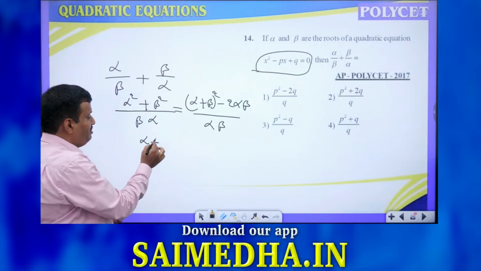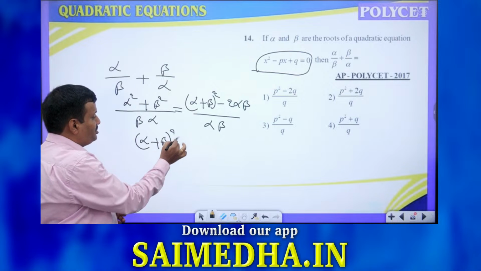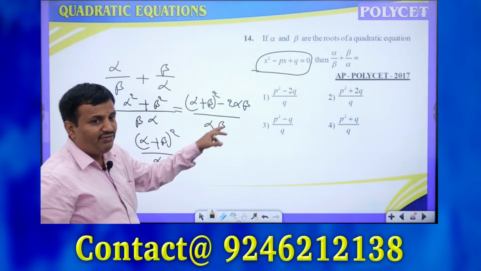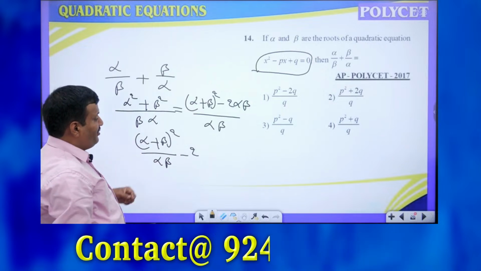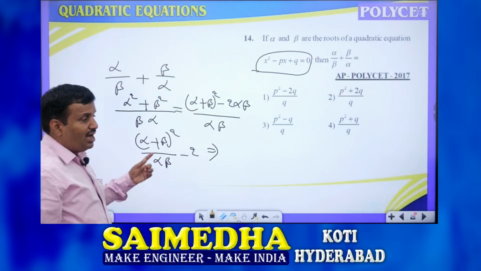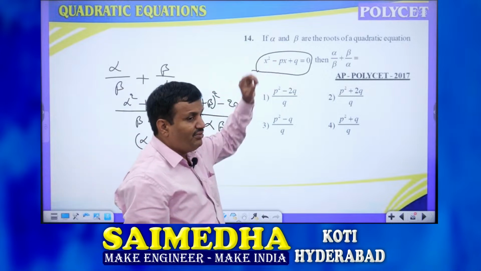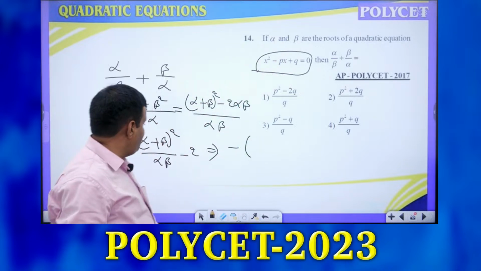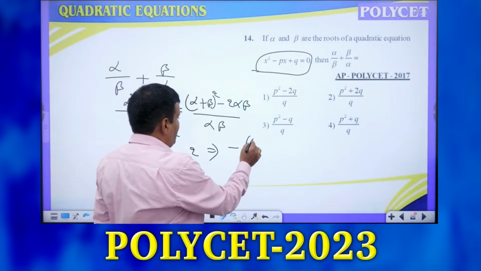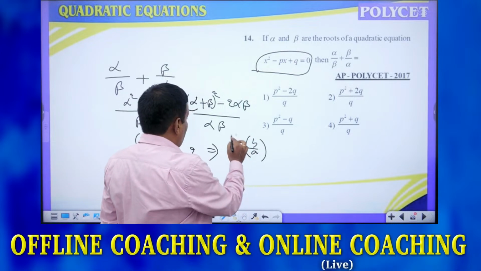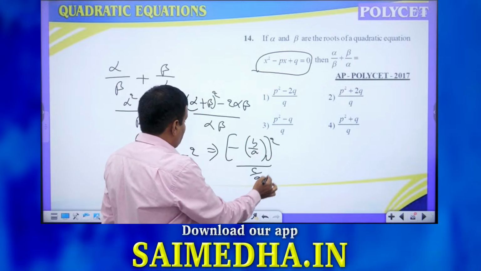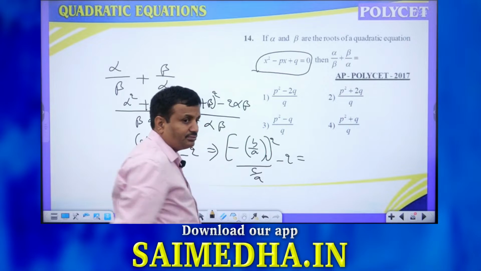Simplify this one, separate: alpha plus beta whole squared by alpha beta, minus 2. What is alpha plus beta? Alpha plus beta is the sum of the roots, which is minus b by a. Minus b by a whole squared, divided by alpha into beta, which is c by a, minus 2.